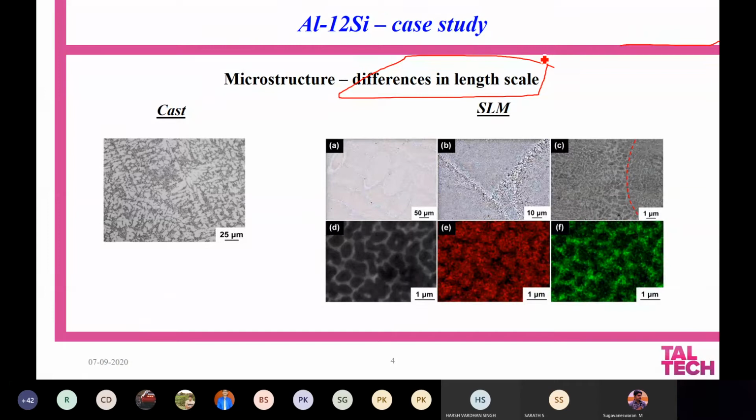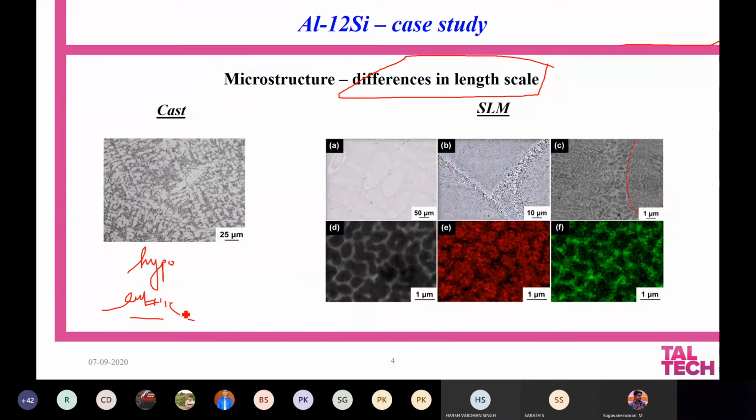So if you see the cast sample, you see a typical hypoeutectic microstructure. Hypo, because this lies to the left of the eutectic composition. Of course, if you're not aware what a eutectic reaction is, it is an invariant reaction.